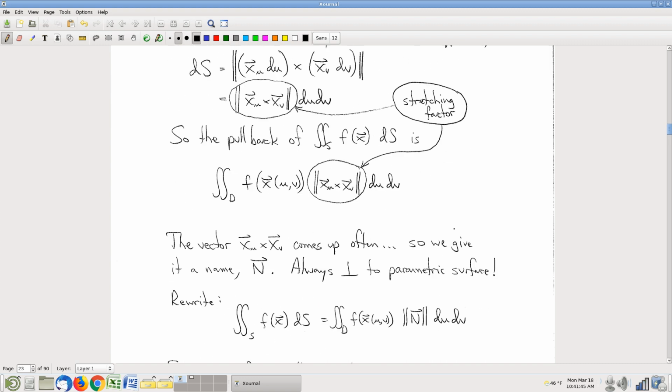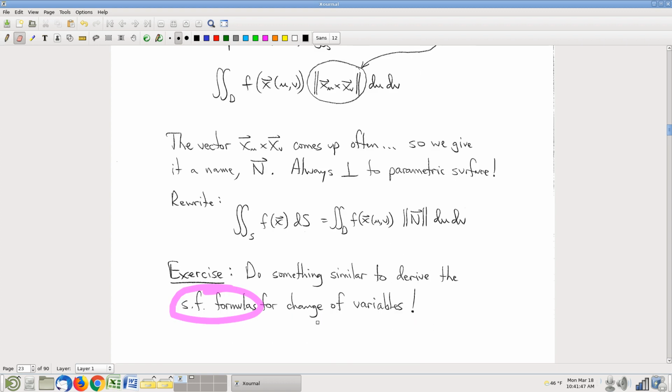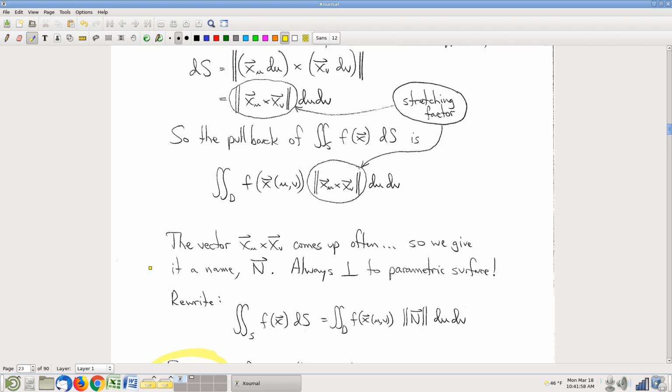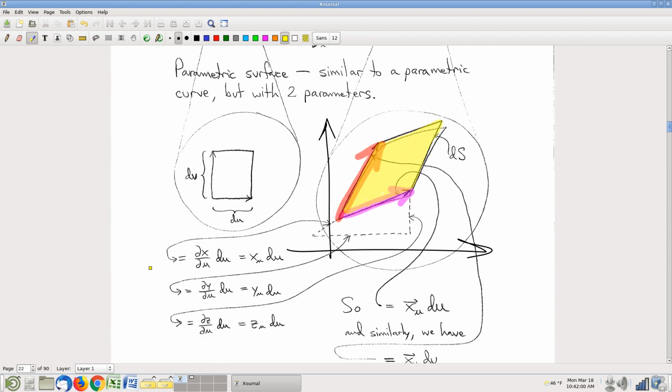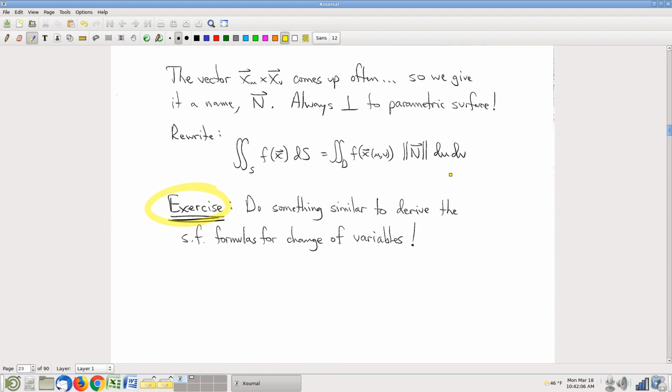I think that, too, is a fantastic exercise. I want to encourage everybody to do this on your own. Fill in those blanks. Derive for yourself. It'd be a great test to make sure that you understand what's going on here, right? As we argued this in 3 dimensions for surface integrals, do the analogous exercise, the analogous calculation, to get the stretching factor for 2-dimensional change of variables.